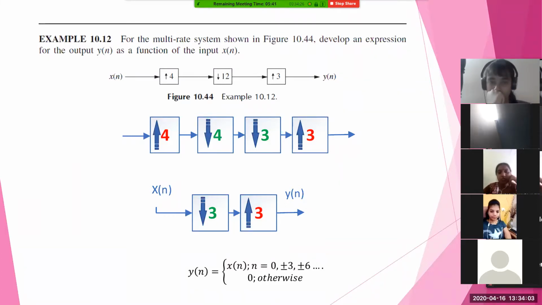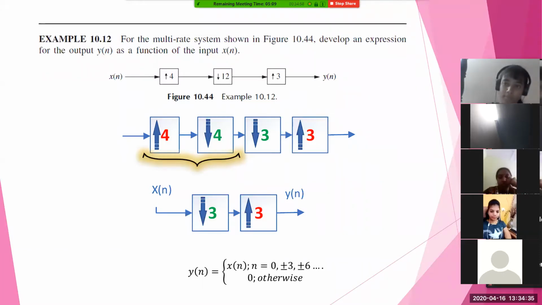As I told you before, an upsampler followed by a downsampler of the same value will cancel each other. So in the middle, I have 12, and now I can write 12 as 4 times 3. This part in brackets is an upsampler followed by a downsampler.